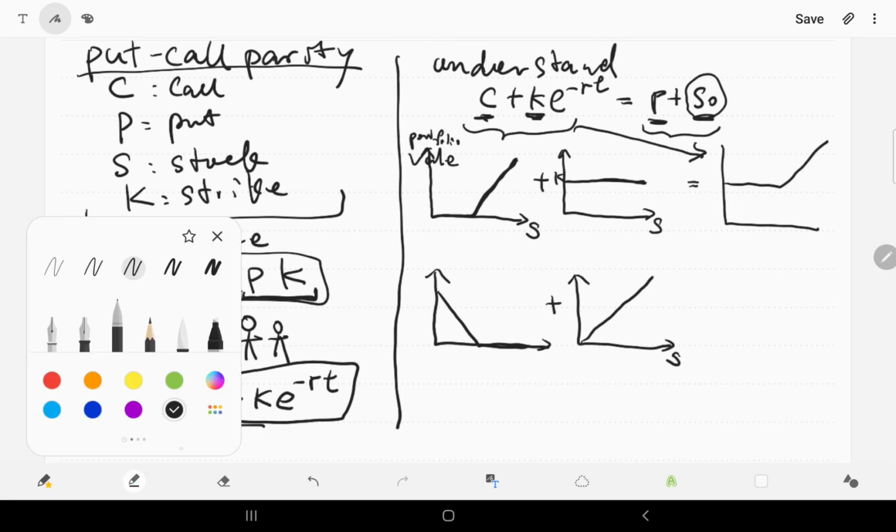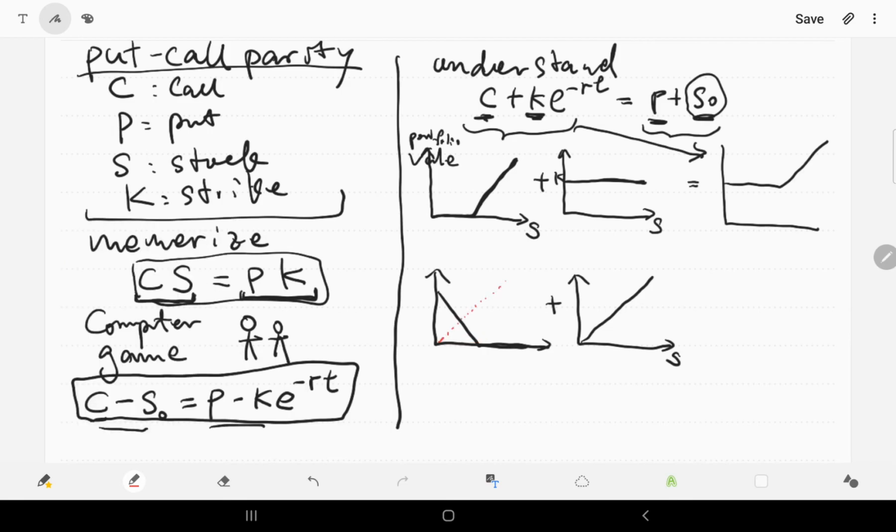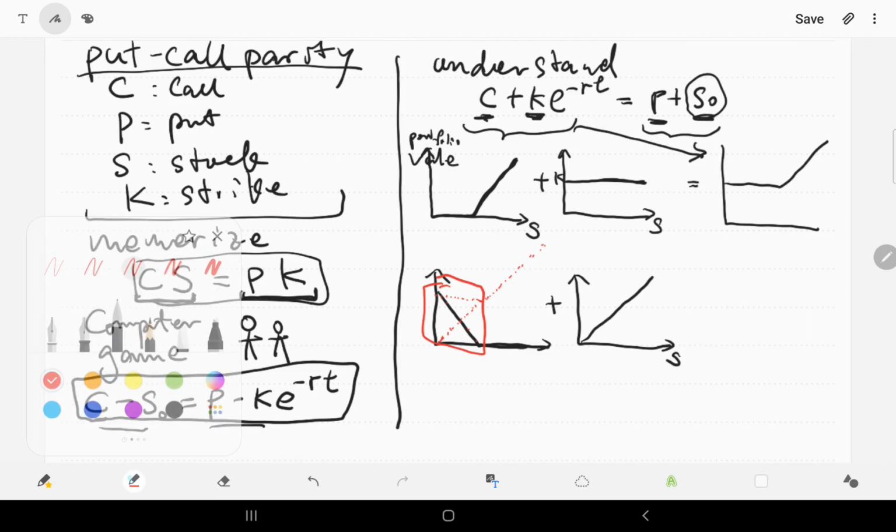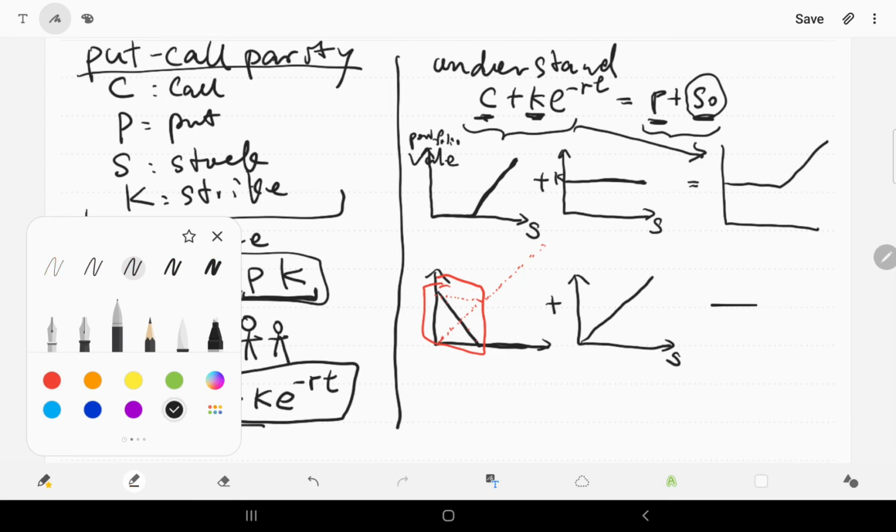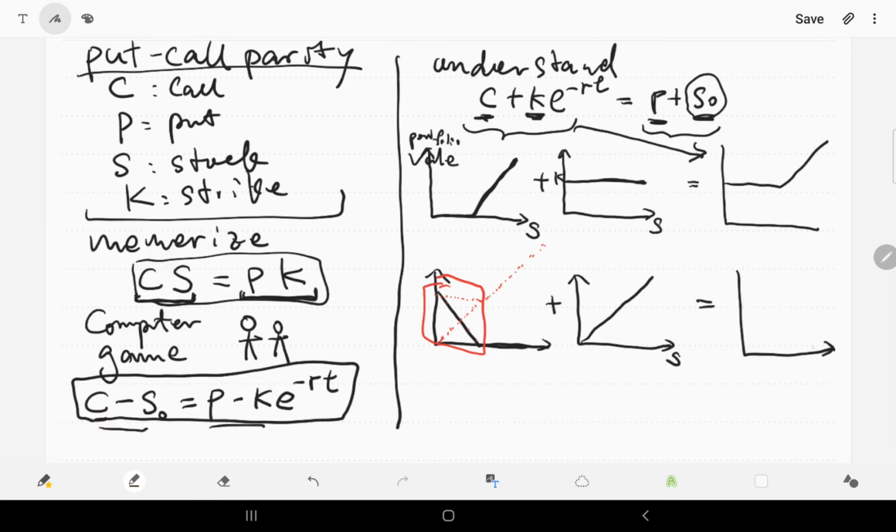Adding them point by point, that will be a flat curve on this side, and after that, it is a rising curve like this. So in the end, what you get is, at the beginning, a flat curve, and after that, it goes up like this.